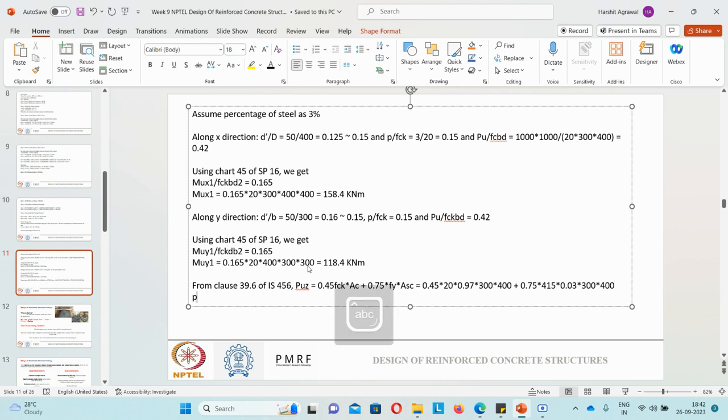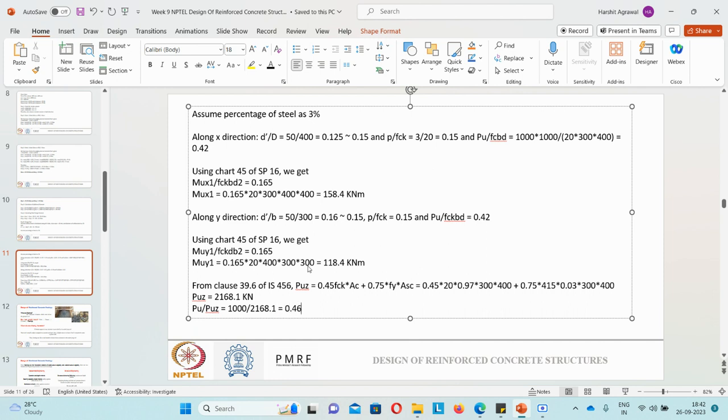Upon doing the calculation, you will get Puz as 2168.1 kilonewton, and you know the Pu. So the Pu upon Puz ratio will come out to be 1000 divided by 2168.1, which is 0.46.